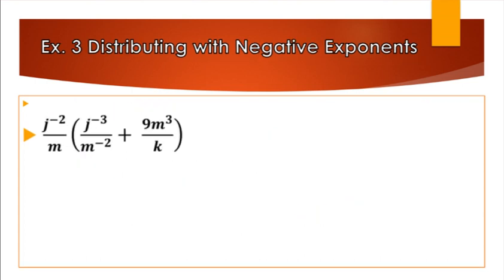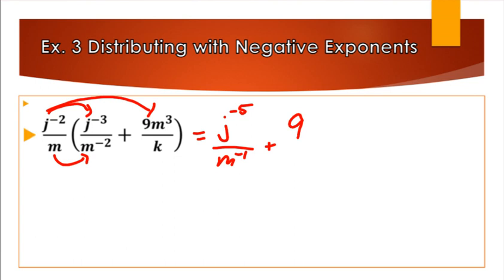Next one. Here we have j to the negative 5th over m, so 1 plus the negative 2 is m to the negative 1st, plus we have 9 j to the negative 2nds m cubed divided by mk.